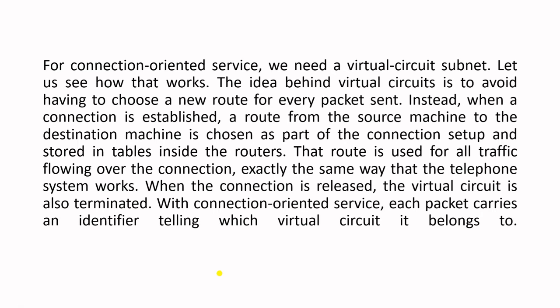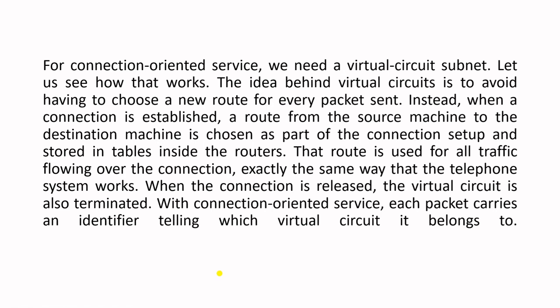The idea behind virtual circuit is to avoid having to choose a new route for every packet sent. Instead, when a connection is established, a route from the source machine to the destination machine is chosen as part of the connection setup and stored in tables inside the routers.